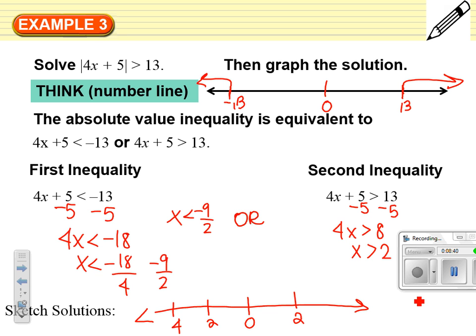So then negative 9 halves is about negative 4.5, so that's about right here. Now I want to always make sure that I put that on the number line. Negative 9 over 2. Okay, and then greater than 2, open circle, and then less than negative 9 halves. So those are my two answers. It's an or, so the arrows go in opposite directions.